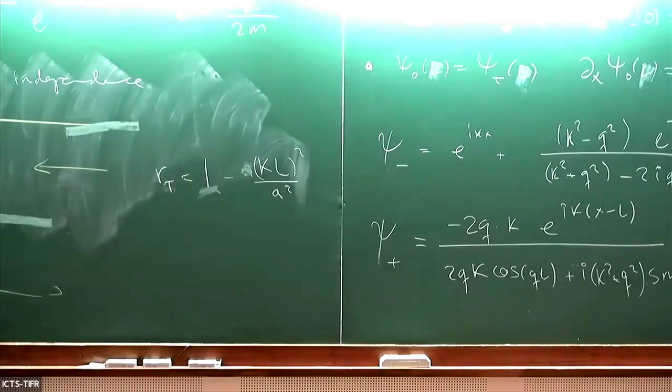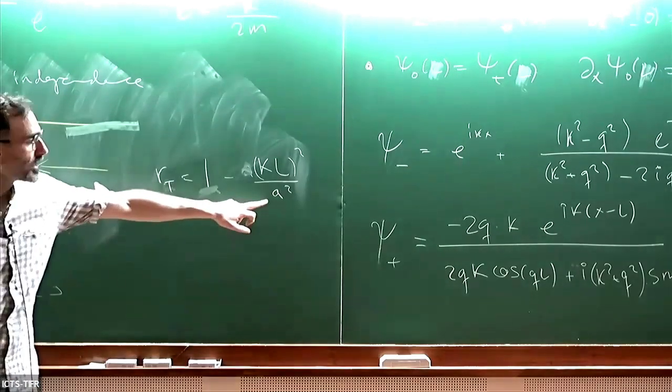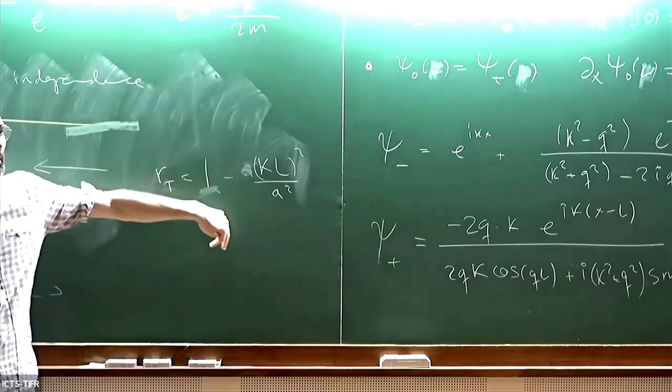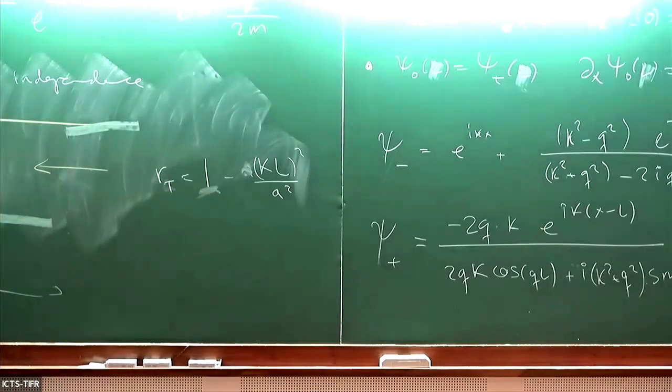Now you can sort of answer it yourself. What would happen if I take A to 0 in this equation? What will go wrong?